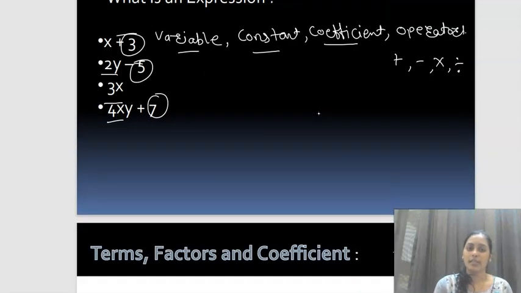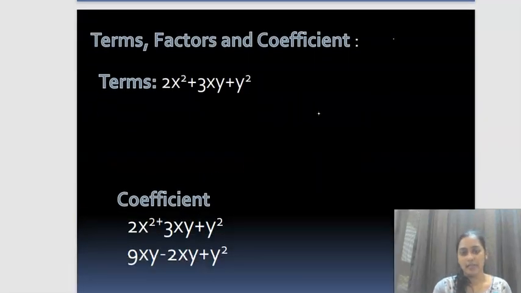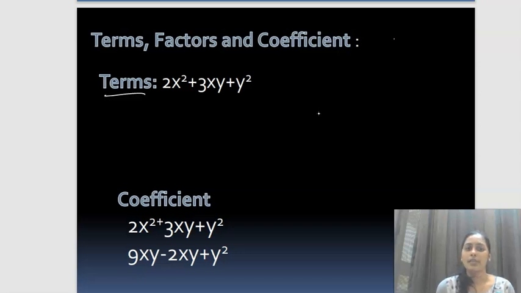So what we need to make an expression is terms, factors and coefficients. Now what is meant by terms? A term can be a number, a variable, or a product of numbers and variables. In the given example 2x square plus 3xy plus y square, how many terms are there? The answer is 3: 2x square, 3xy and y square.